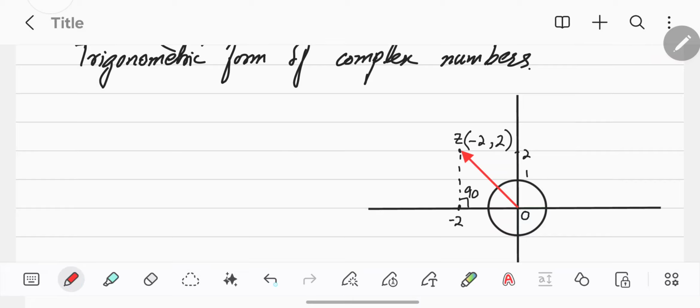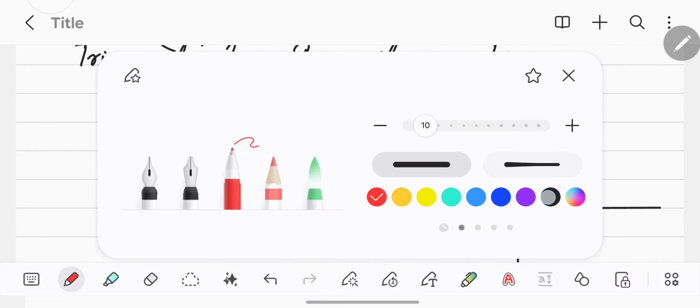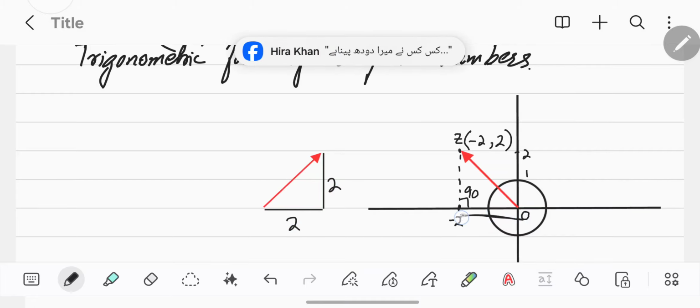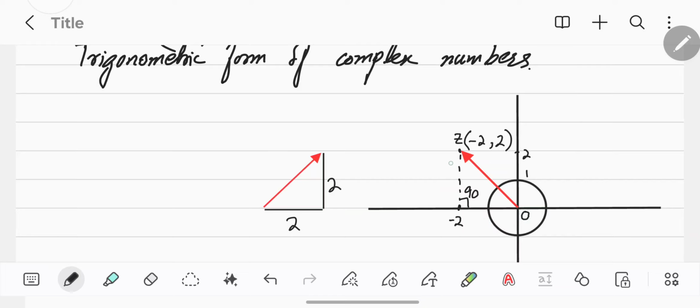Maybe I can draw this triangle here in this way. Since this distance is 2, and from here this distance is also 2, we have to find this distance.